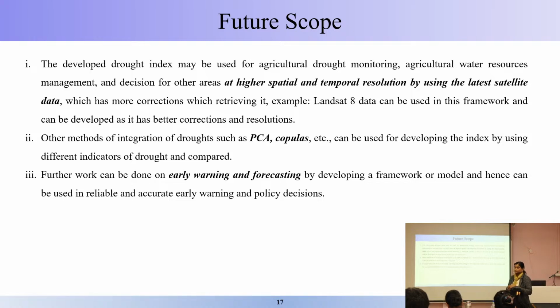So only rainfall you can get, but you can run it in a hydrological model and get the soil moisture. That is possible. That means we take some variables, run the hydrological model, get the other variable, and use it for drought. That is possible.